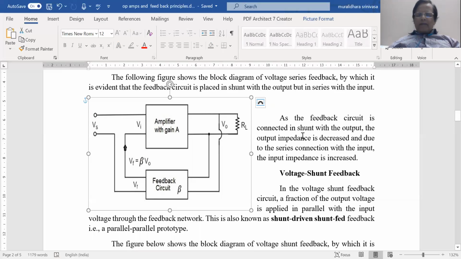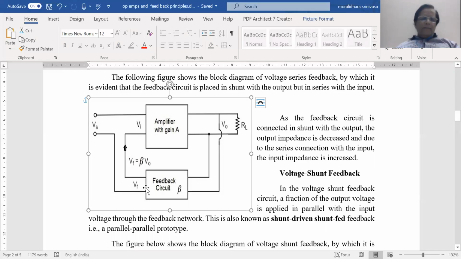Now in this kind of circuit, what happens? As the feedback circuit is connected in shunt, the output impedance decreases, isn't it? You connect two components in parallel, the resultant impedance is less than the smallest individual impedance that you have. So when you are tapping the voltage in parallel, the output impedance reduces because your feedback network is connected parallel to the output. So the feedback network reduces the output resistance.